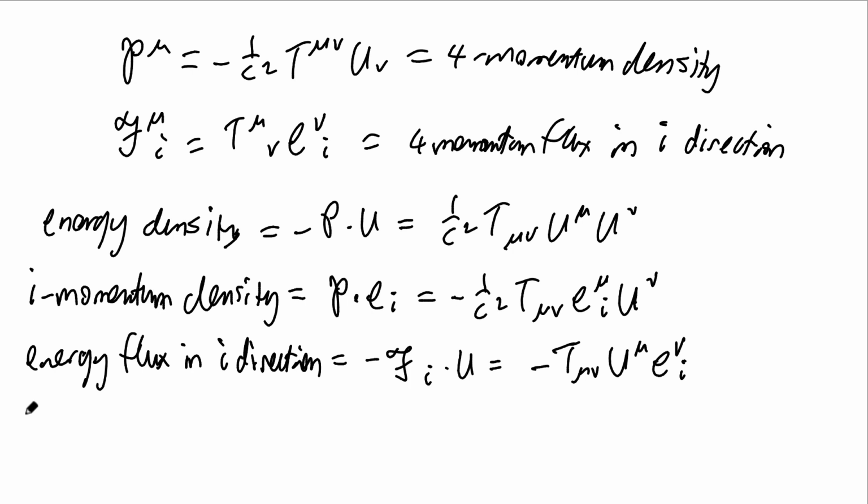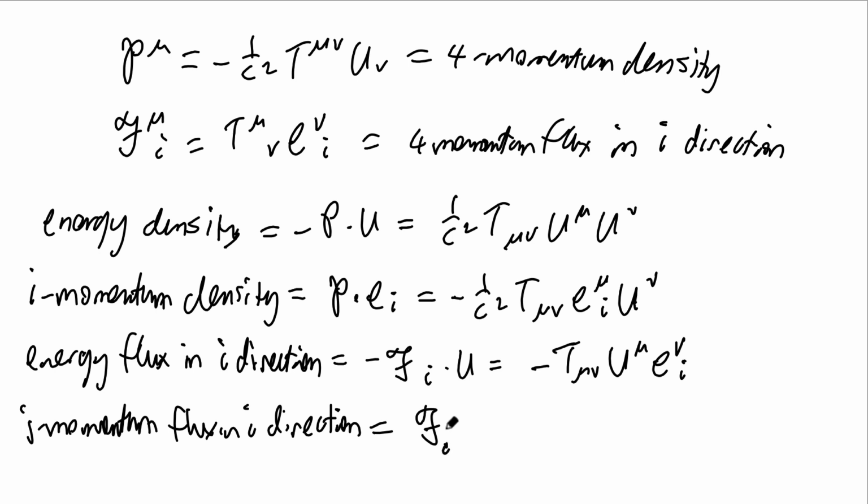And finally, the momentum flux, we'll call this the J momentum. So the Jth component of momentum flux in the I direction is equal to F^I dot e_J. So that's T^μν e_μ^I e_ν^J.